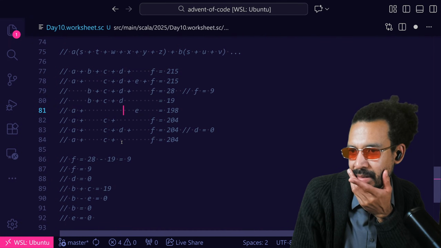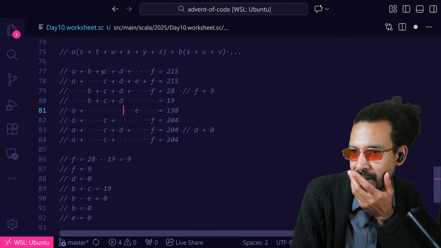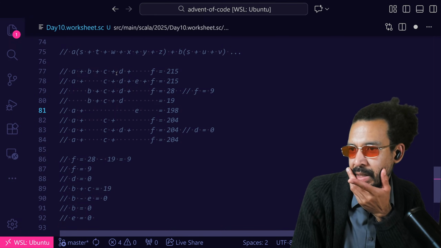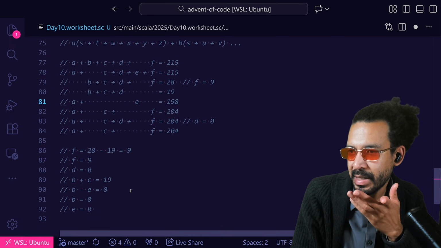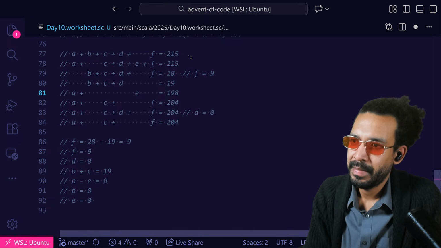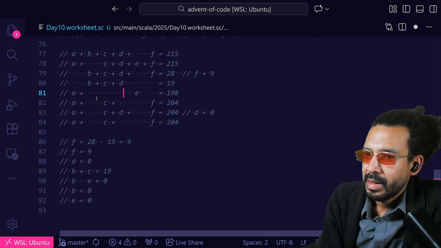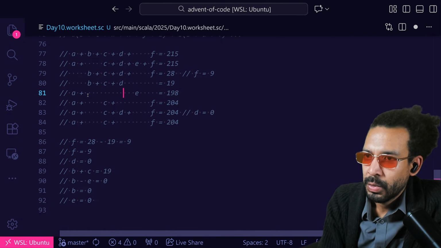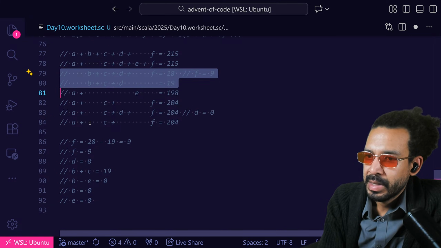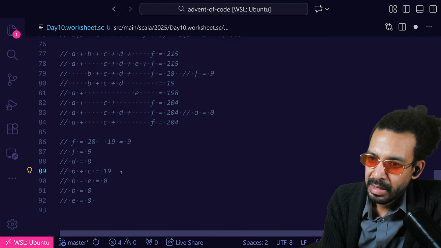But hold on. So B and E are the same. Let's at least finish this thing. So if E is the same as B, A equals AB, sure. These two are kind of useless now. B plus C is 19.